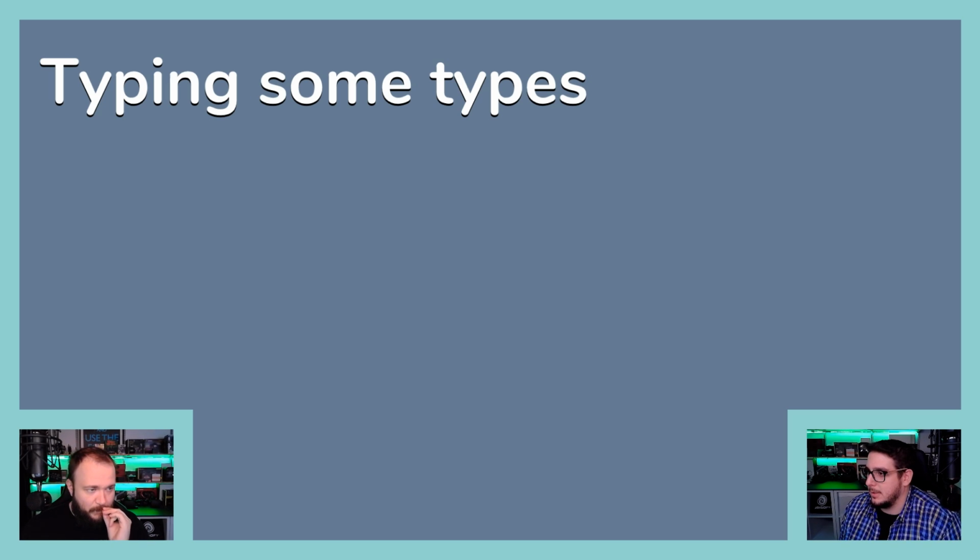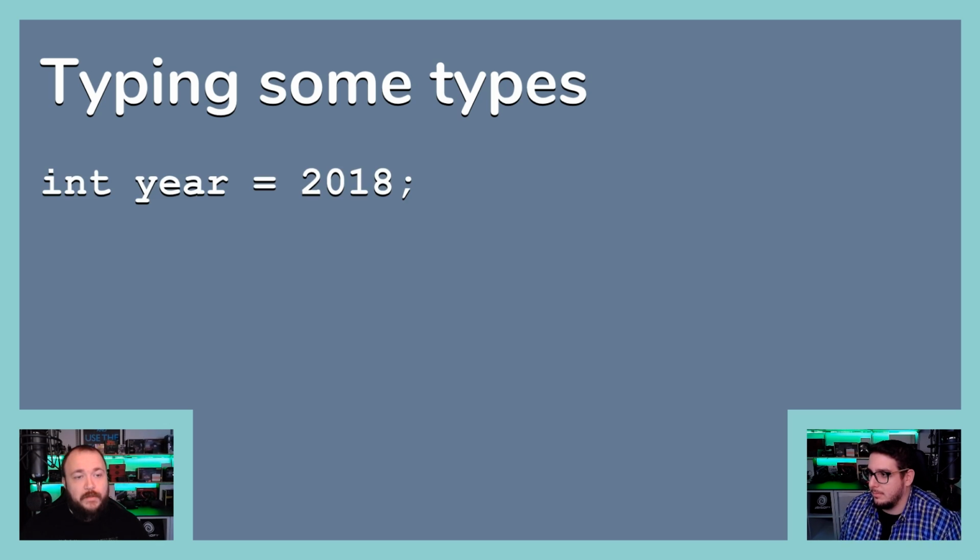So, like we talked about in the previous slides, Boolean is a type that stores true and false. Int, or integer, is a type that stores numbers. So here we have, again, int and year. If you just look at this, there is some meaning that you are applying to it.